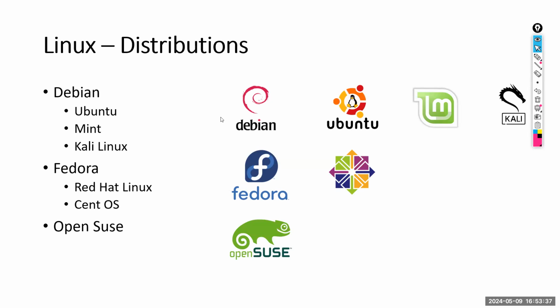So as I told you, since Linux is free and open source software, anyone can take the source code, modify it and release it separately. So that is why we have so many Linux flavors or Linux distros.